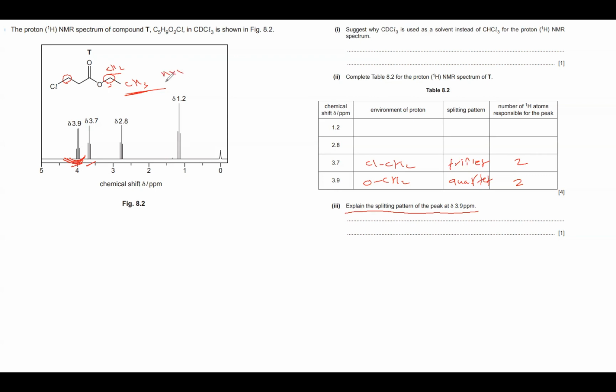According to the N+1 rule, the hydrogens on this carbon give a quartet. So 3 + 1 equals 4. N is the number of adjacent hydrogen atoms. So we can say that here we have 3 adjacent hydrogen atoms, so according to the N+1 rule, we get 4 peaks. Quartet.